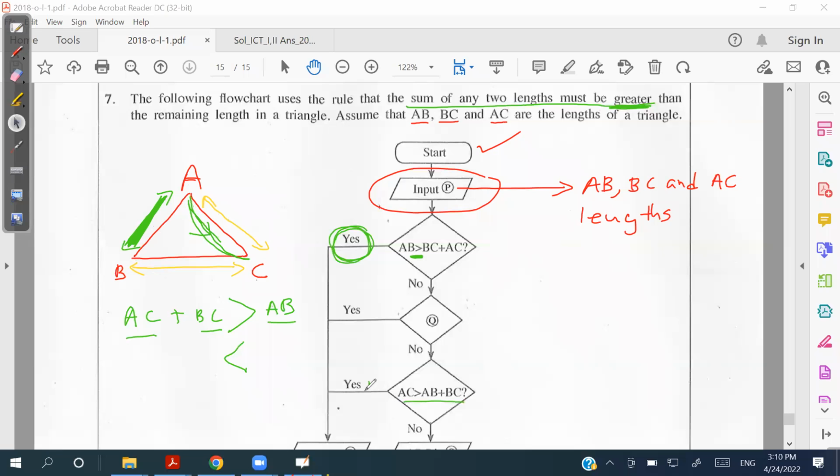If it is true, again, it's not going to be a triangle. So what's the other thing that we have to check? They have checked the AB length and the AC length, so we are left with the BC length. So for Q, we can write BC larger than AB plus AC. Right, so Q should be a proper question: is BC larger than AB plus AC, question mark.